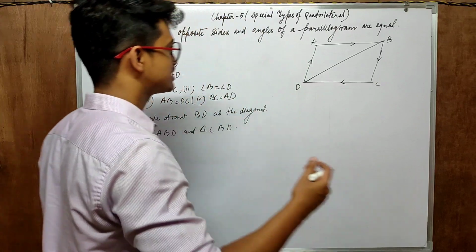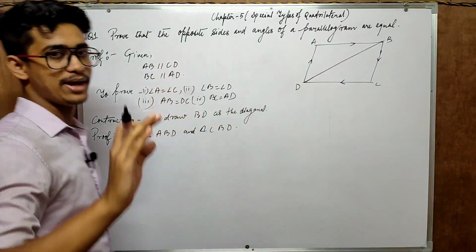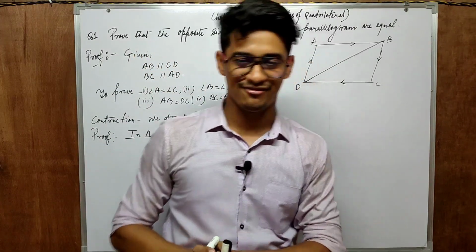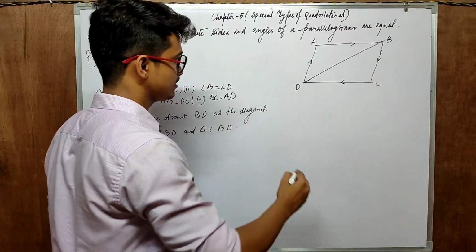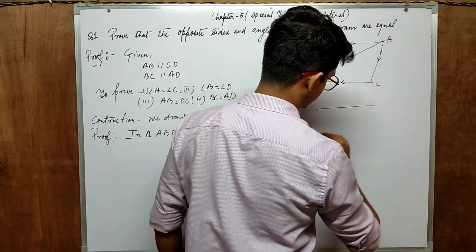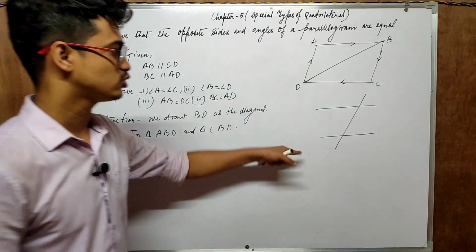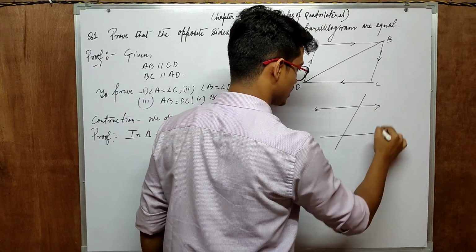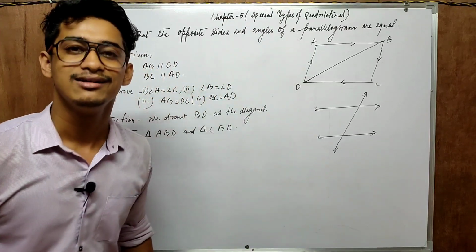Now see, the given part is that the two lines are parallel. That is the ingredient that we have. Now the concept of parallelism comes into existence. If two lines are parallel and there is one line which intersects these two parallel lines, then this line would be our transversal.